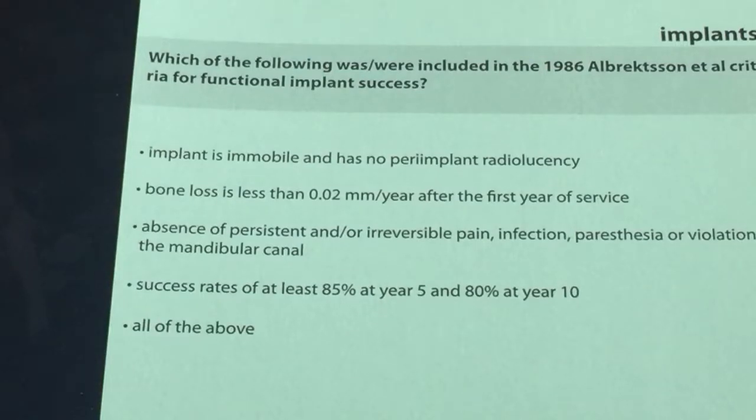Implant is immobile and has no peri-implant radiolucency. Bone loss is less than 0.2 millimeter a year after the first year of service. Absence of persistent or irreversible pain, infection, paresthesia, or violation of the mandibular canal.